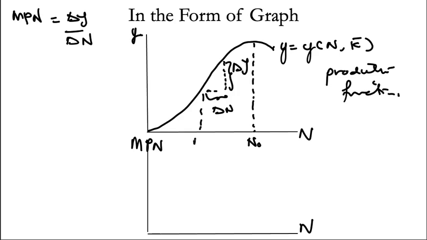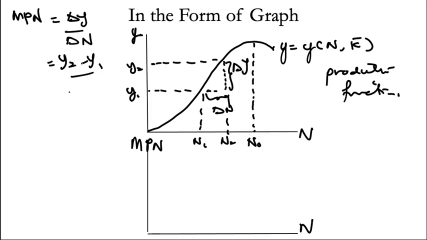Let's say from N1 to N2, and here Y1 to Y2. So it means Y2 minus Y1 over N2 minus N1. That's what you learn in the undergraduate level. Now let me erase this one because I don't want to mess the graph.